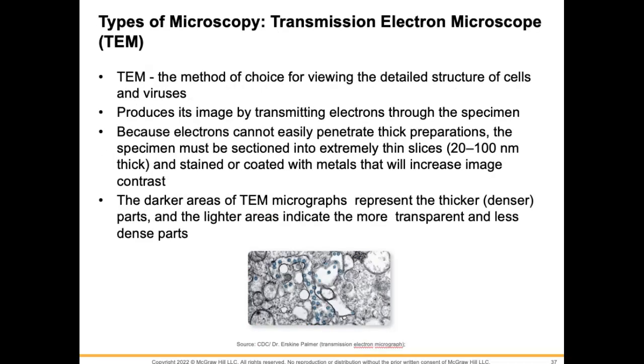Transmission electron microscope, method of choice for viewing the detailed structure of cells and viruses. I don't see a lot of pictures of these, but they like this because, like it says here, it can penetrate thick preparations. It's sectioned in extremely thin slices in order to view it.